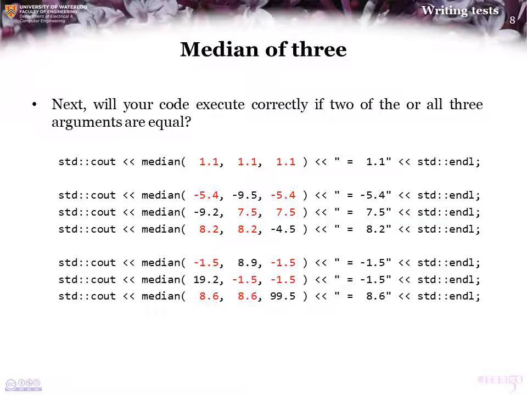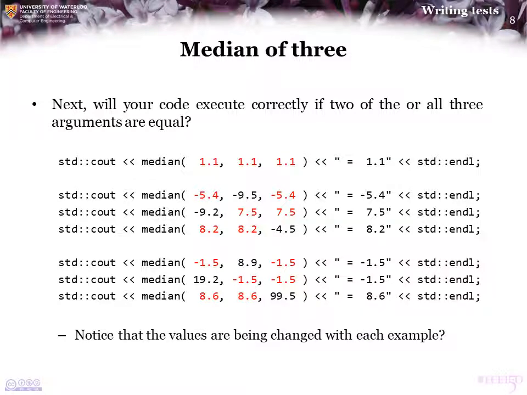Well, that suggests we should also have similar test cases where the odd number out is greater than the median. Notice that I'm trying not to use the exact same arguments everywhere. And again, that just ensures that I did not accidentally, in my code, deal with one specific case incorrectly.